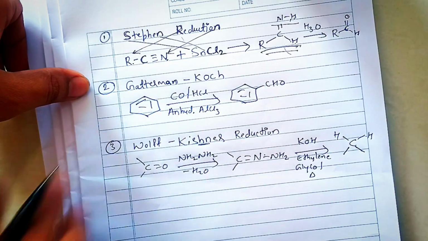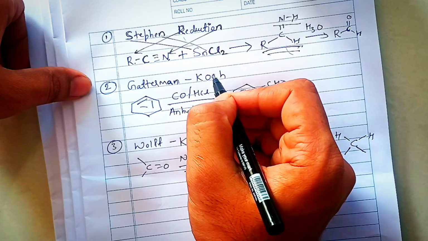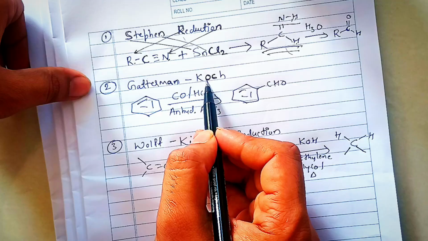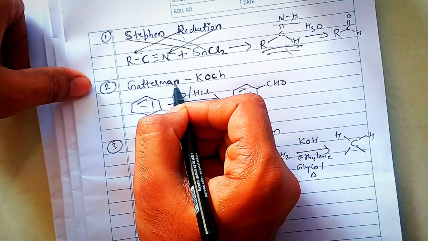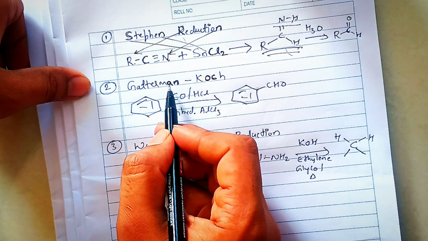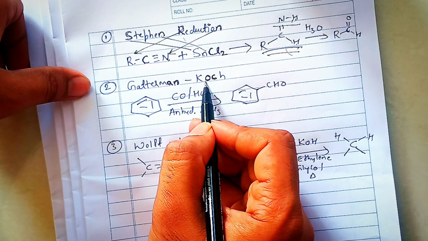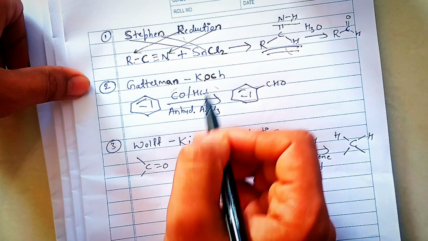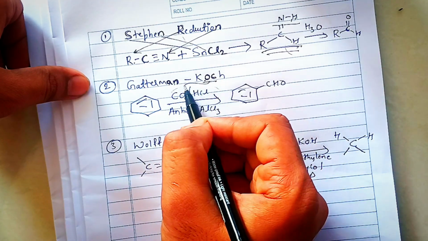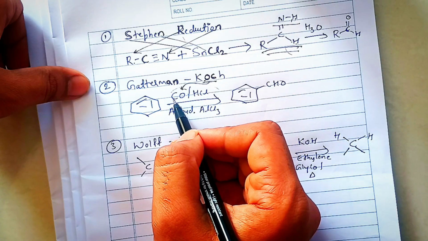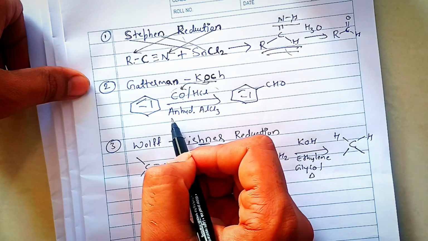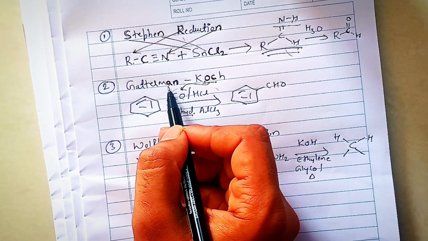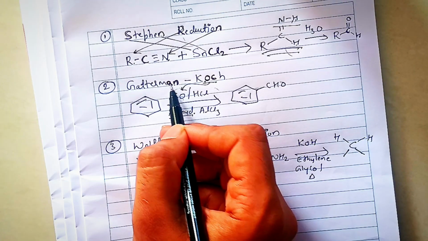Then we will go for the Gattermann-Koch reaction. Here there is a CO, right? Here there is a CO and there is an AN. When the benzene ring is the reagent, this CO will come here as carbon monoxide, CO. And then there is added AlCl3, which can be denoted here as Gattermann.